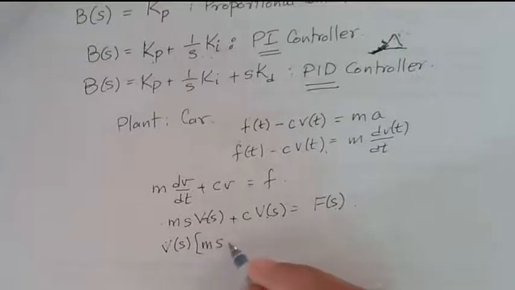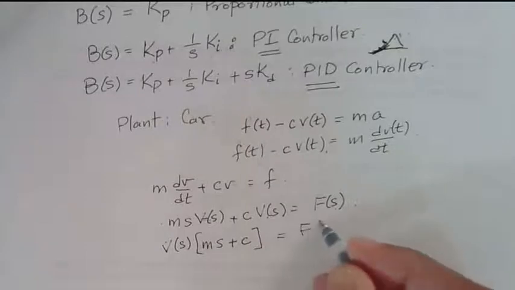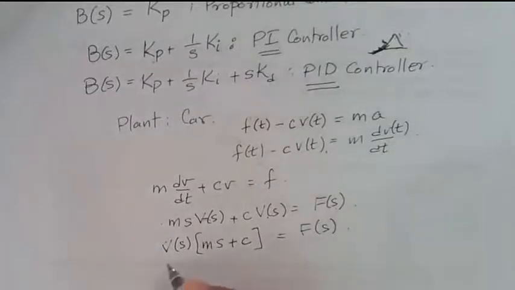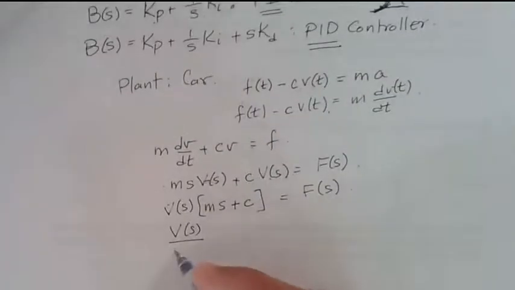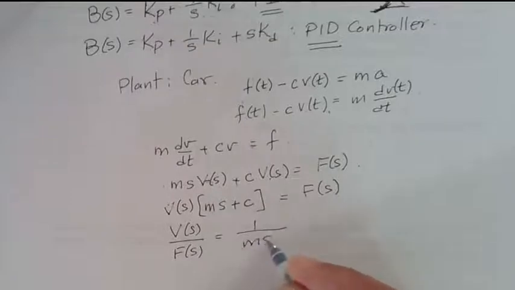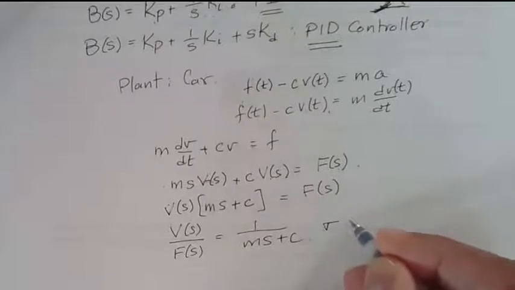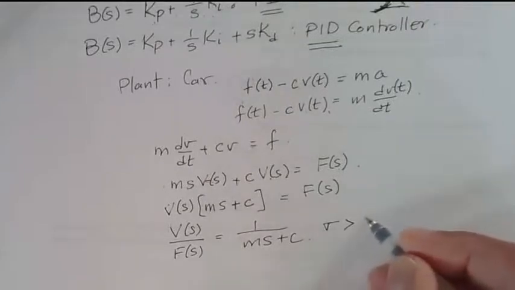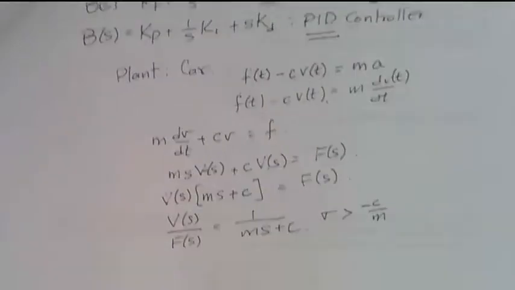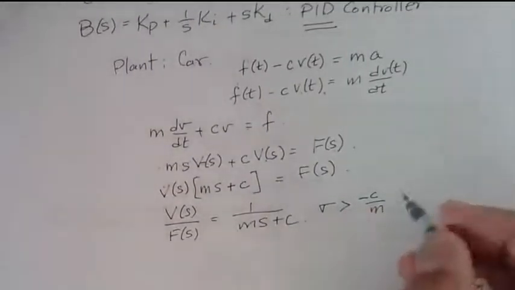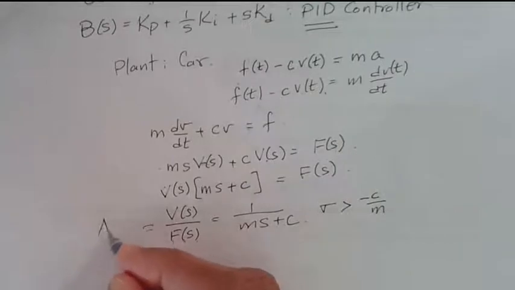I have (ms plus c) V(s) equals F(s), and then the output over the input is equal to 1 over ms plus c. Okay, and this is clearly going to be valid for sigma greater than minus c over m. So this is the equation for the plant, or this is A(s).